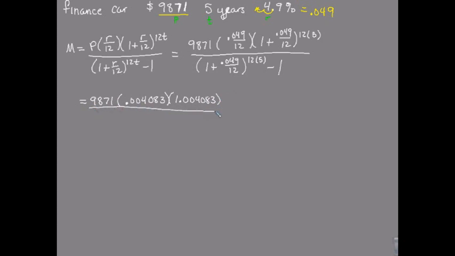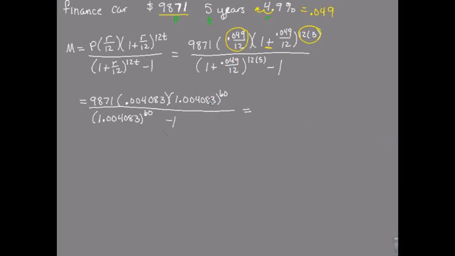I haven't put in the exponent yet because I'm going to do that next. Okay, so 12 times 5 is 60. So those are my exponents. I think that's the easiest 12 for me to remember. So I did this part and I did this part. That too. And then I also added.